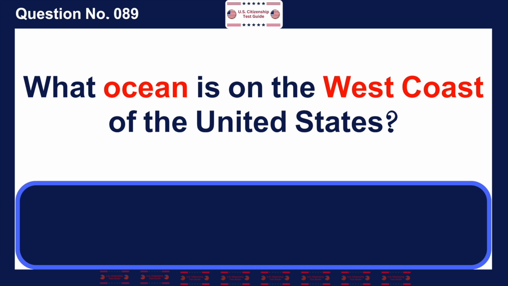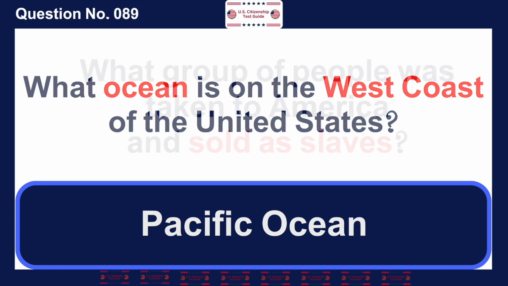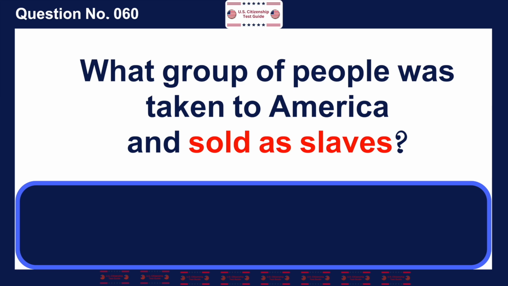What ocean is on the west coast of the United States? Pacific Ocean. What group of people was taken to America and sold as slaves? Africans.